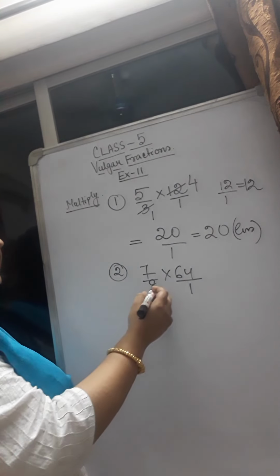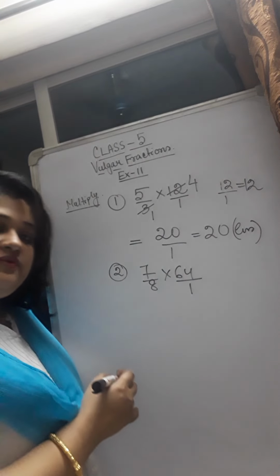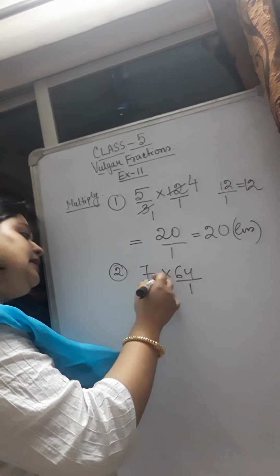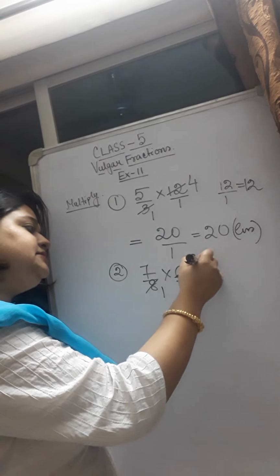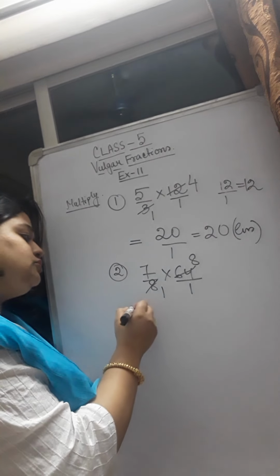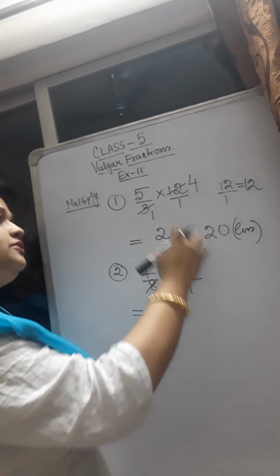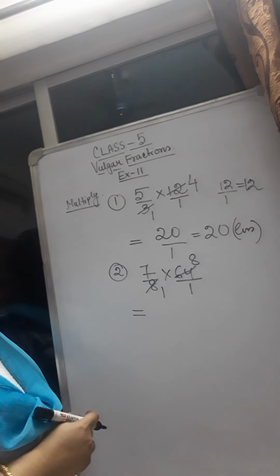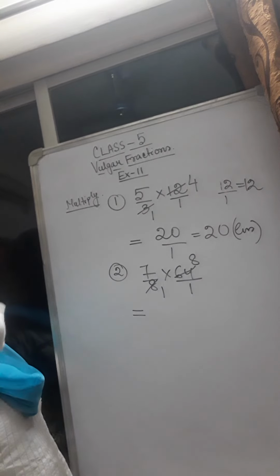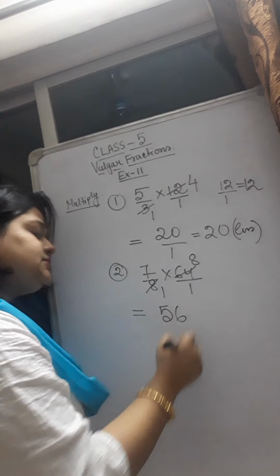Now 8 and 64 can be cancelled because they both can be divided by 8. 8 ones are 8, 8 8s are 64. So we are cancelling crossways. And when no more cancellation is possible, you just multiply. 7 8s are 56.